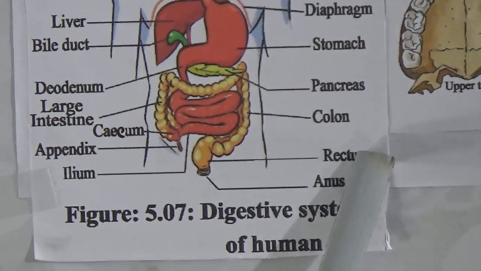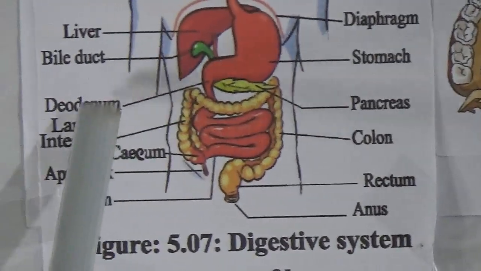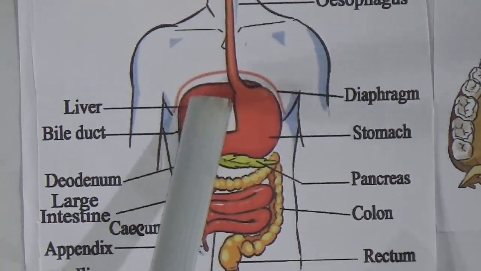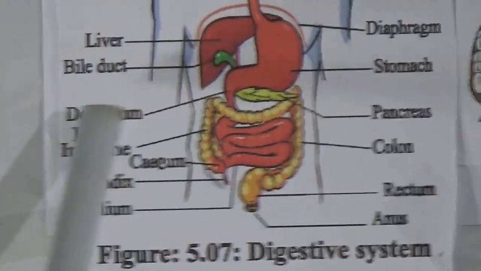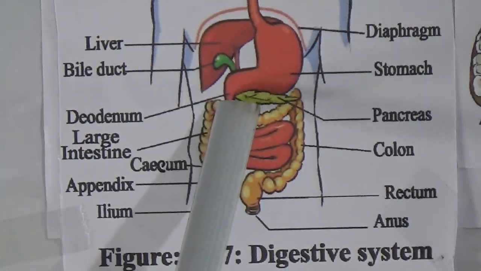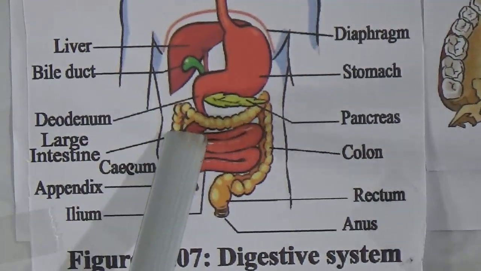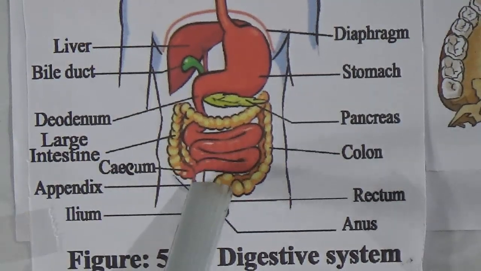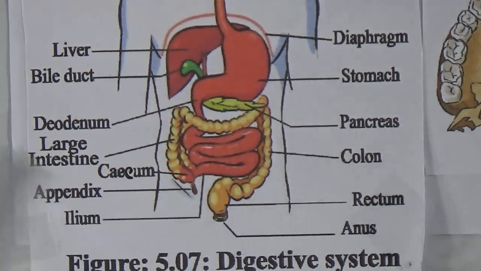And this is the rectum and this is the anus. And here on this side, this is the liver, the largest gland, and this is the bile duct, and this is the duodenum, the large intestine. This one is the large intestine and cecum, and this is the appendix and this is the ileum.